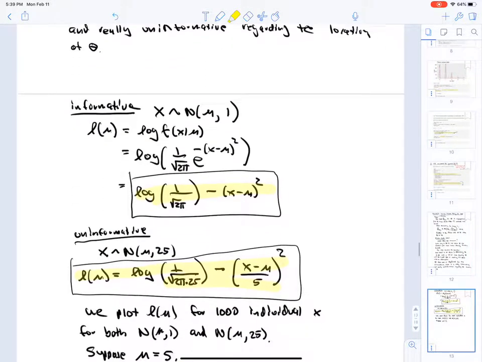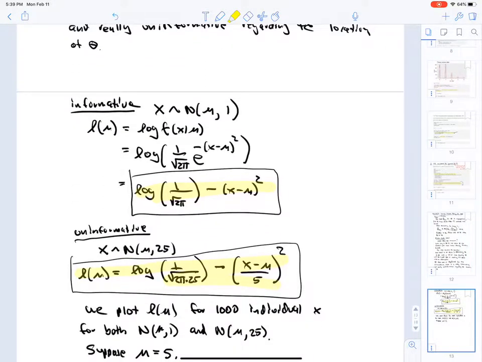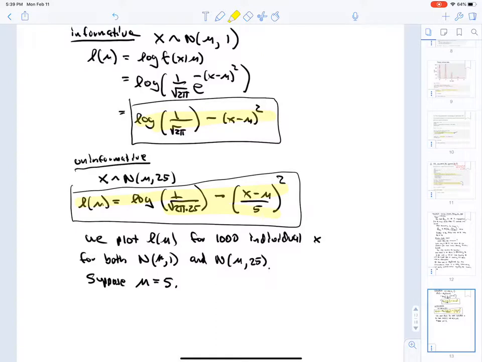For the informative case, I'm going to have x be normal(mu, 1), in which case the log likelihood is a downward facing parabola. And for an uninformative one, where the variance is now 25 instead of 1, I also have a downward facing parabola. I'm going to plot these log likelihoods for 1,000 different x's, and that's going to give me 1,000 different trajectories.